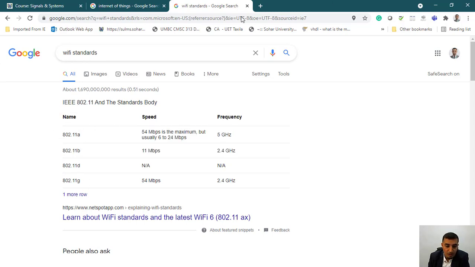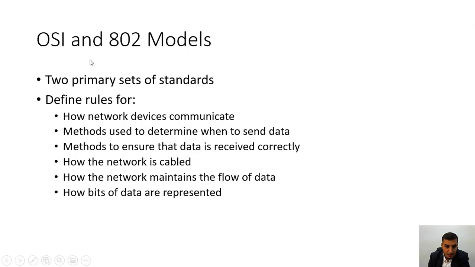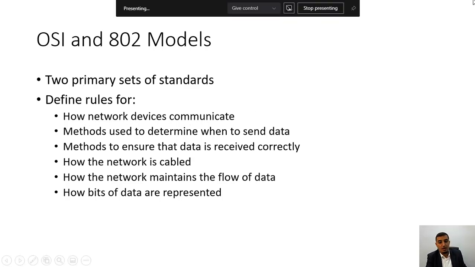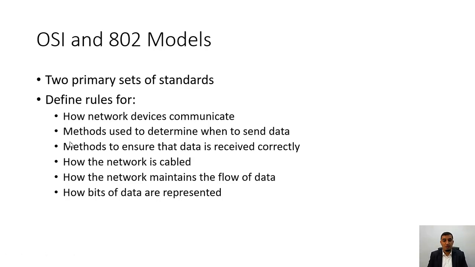So 802 is a very common number in networks. These standards define the rules for how network devices communicate, the methods used to determine when to send data, the methods to ensure that the data is sent and received correctly, how the network is cabled, how the network is maintained, how the data is flowing, and the number of bits and their representation.